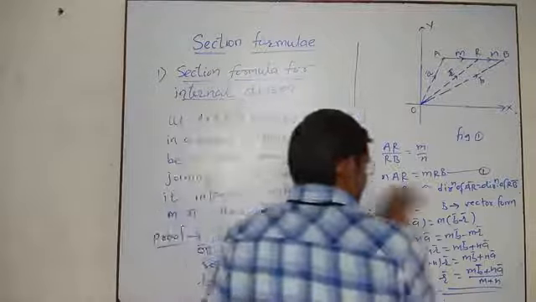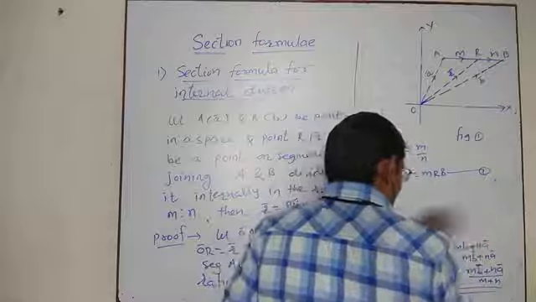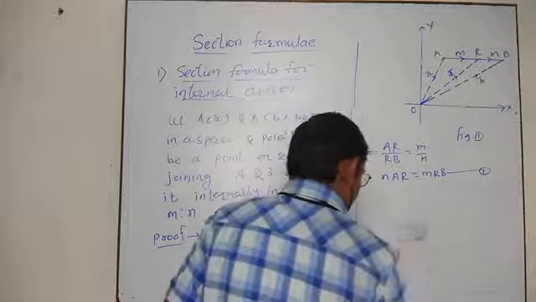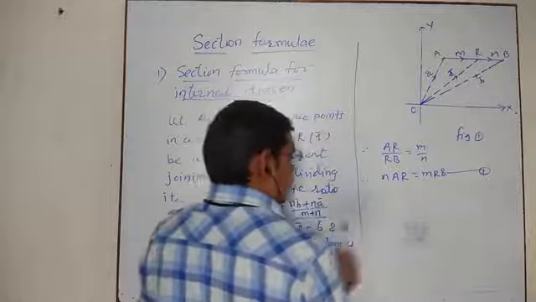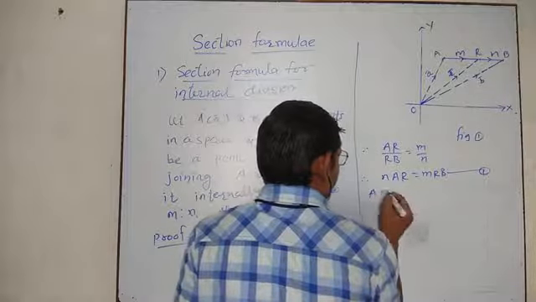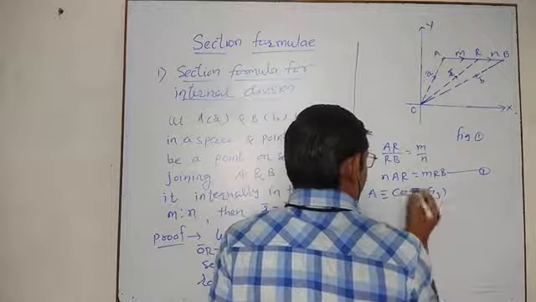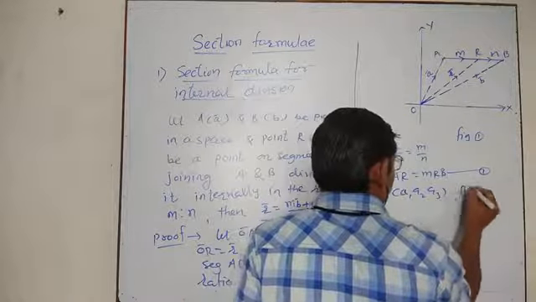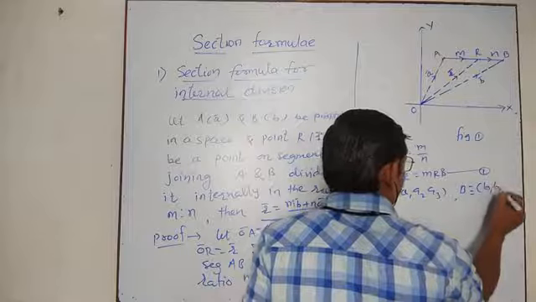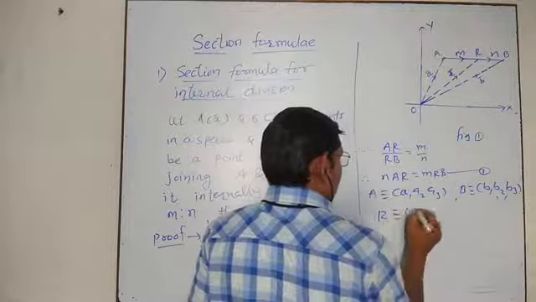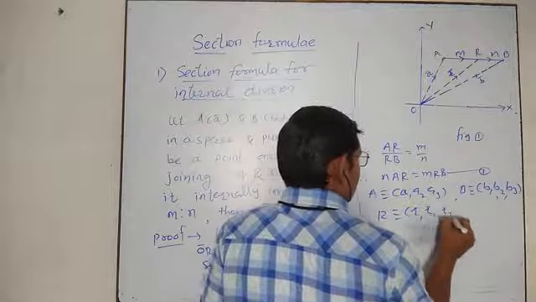So the coordinate form of the section formula is: if the coordinates of the points A, B and R are, coordinates of A are A1, A2, A3, coordinates of B are B1, B2, B3, and coordinates of R are R1, R2, R3.